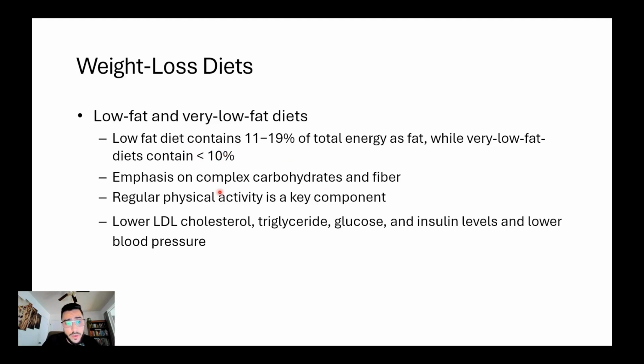You try to have complex carbohydrates and fibers, because simple sugars will be converted into fat. Some of the fiber is non-metabolized, but it will help with the elimination of whatever excess food you have. Regular physical activity is important for maintaining a healthy body, including building muscle, burning fat, and having better structure, better posture, and many other things.